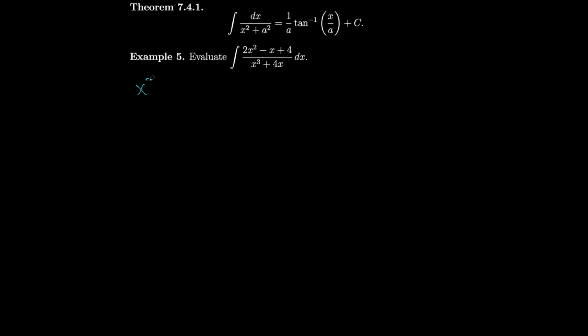So we see that x cubed plus 4x is equal to x times x squared plus 4. So that means that we're looking at 2x squared minus x plus 4 over x times x squared plus 4. Because x squared plus 4 is a sum of squares, we can't factor it any further.